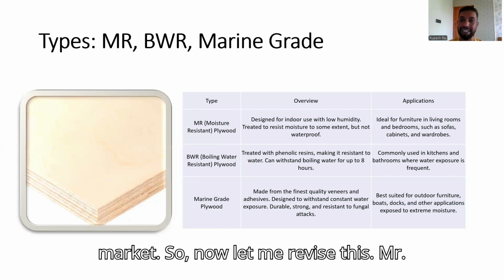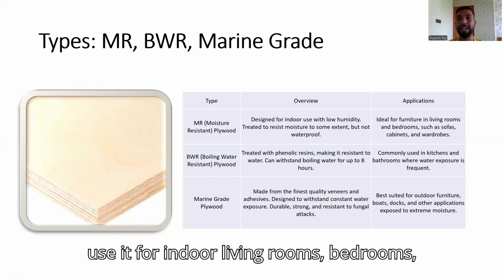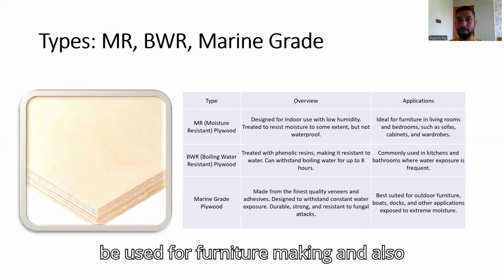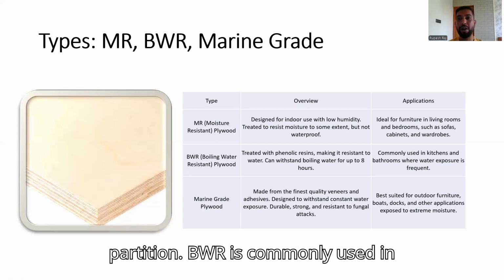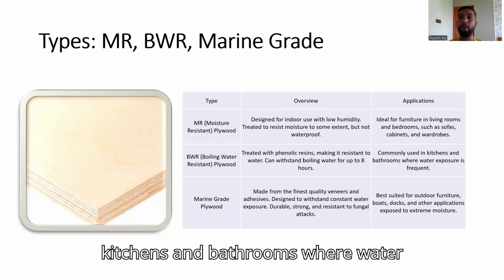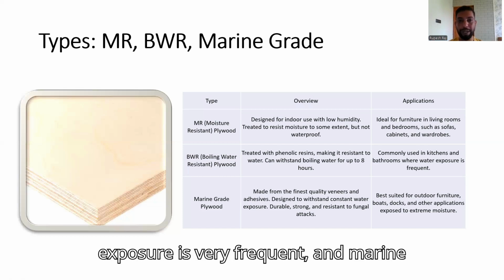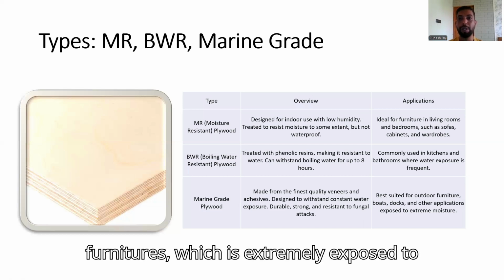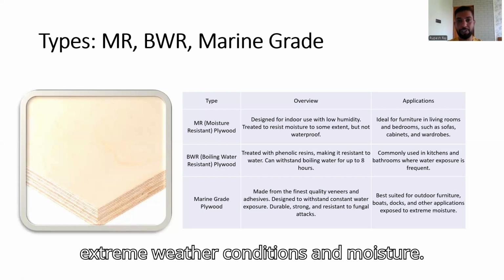So now let me revise this. MR, use it for indoor living rooms, bedrooms, sofas, cabinets, etc., wherein it can be used for furniture making and also partitions. BWR is commonly used in kitchens and bathrooms where water exposure is very frequent, and marine grade plywood is best suited for outdoor furniture, which is extremely exposed to extreme weather conditions and moisture.